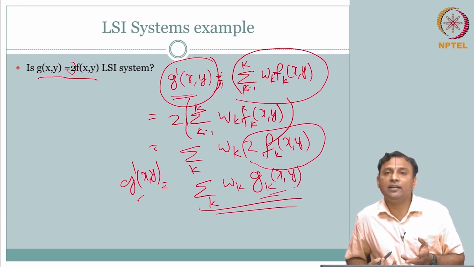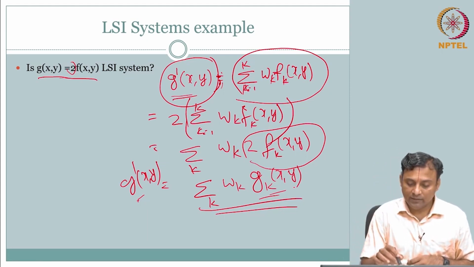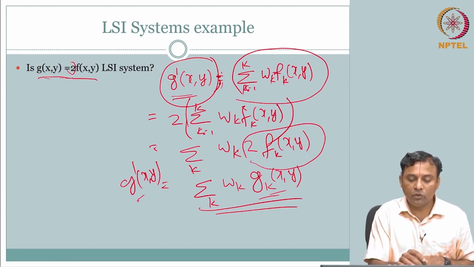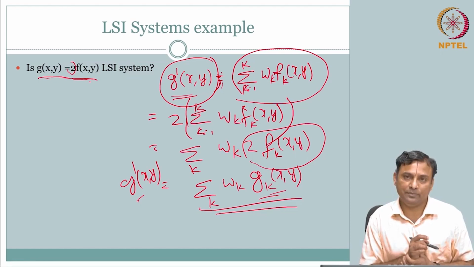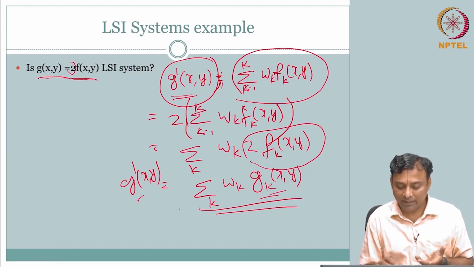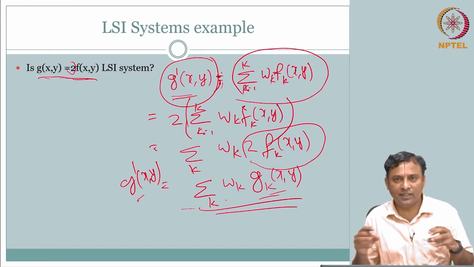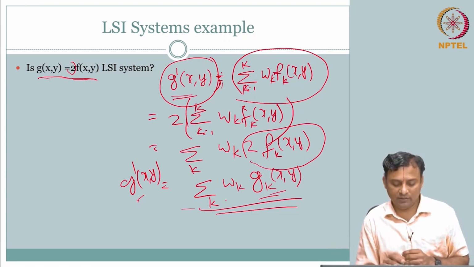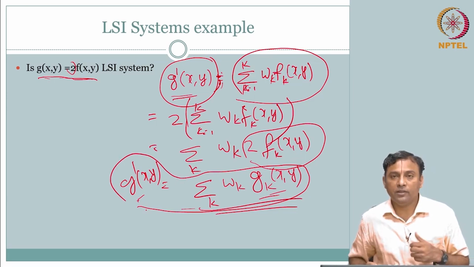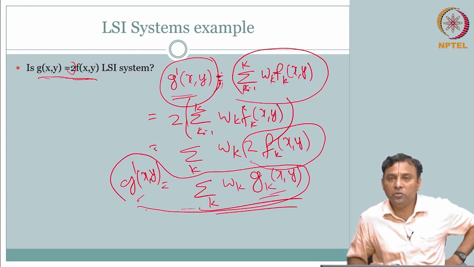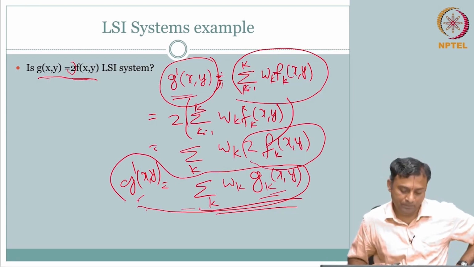Wow, isn't that what we defined as linear? So that means g of x equal to 2 times f of x comma y is a linear system, because we just read it out: the exact same physical interpretation of this relationship amounts to the definition for linearity.